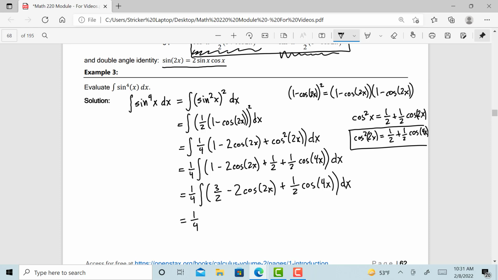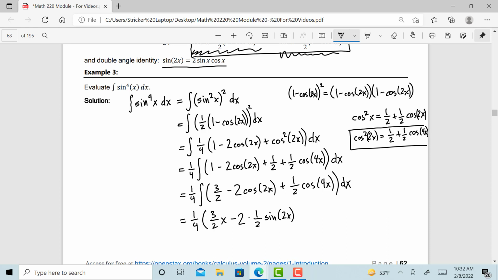But we don't need to fully write out that substitution. If you feel more comfortable doing that, you can. I'm going to do a mental U substitution. Remember, because there's a 2x here, we're going to have a factor of 1/2. And because there's a 4x here, we're going to have a factor of 1/4, if you just do that substitution in your head. And so what we have is 3/2 x, and then -2 times a factor of 1/2, and the antiderivative of cosine is sine of 2x.